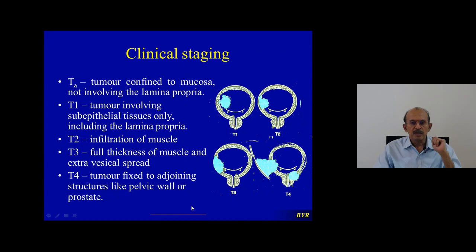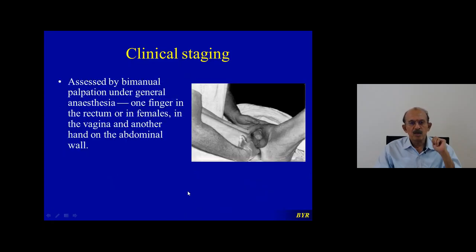So depending upon the intramural spread, the tumor is staged. This T-staging is assessed by bimanual palpation under general anesthesia, with one finger in the rectum or, in females, in the vagina, and another hand on the abdominal wall.